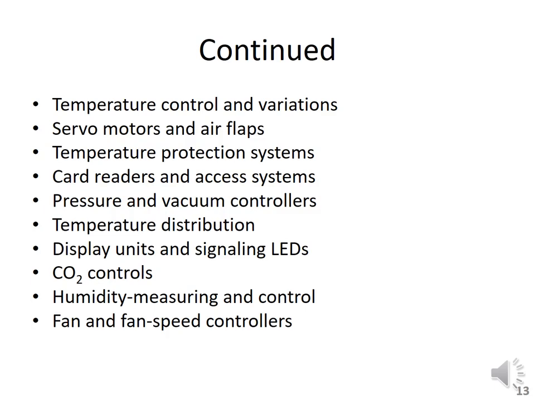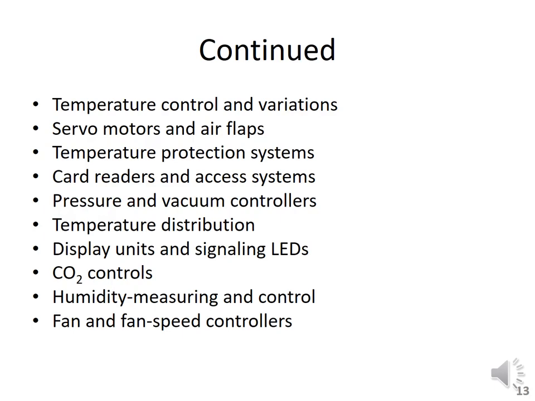Few more factors regarding the operational qualification. Okay, let's discuss one by one. Number one, temperature control and variations. Very important. You know, usually the machines have an appropriate range of temperature where they can work more nicely and precisely, and their age will be more if you are giving them a proper temperature to work.